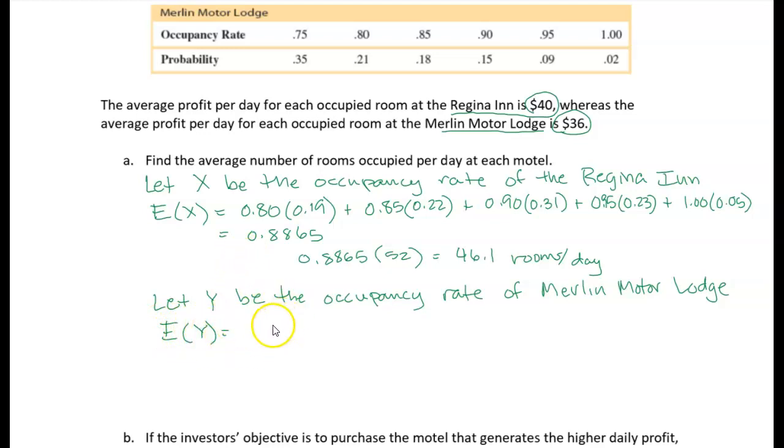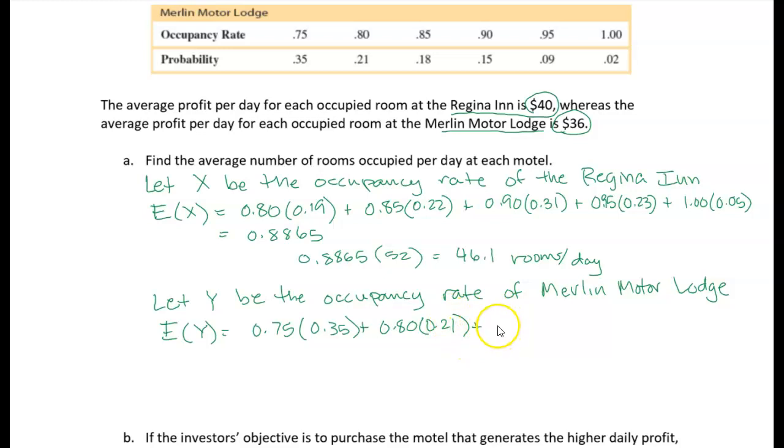If we look at the Merlin Motor Lodge, it looks like 75% of the rooms are occupied 35% of the time. And then 80% are occupied 21% of the time.